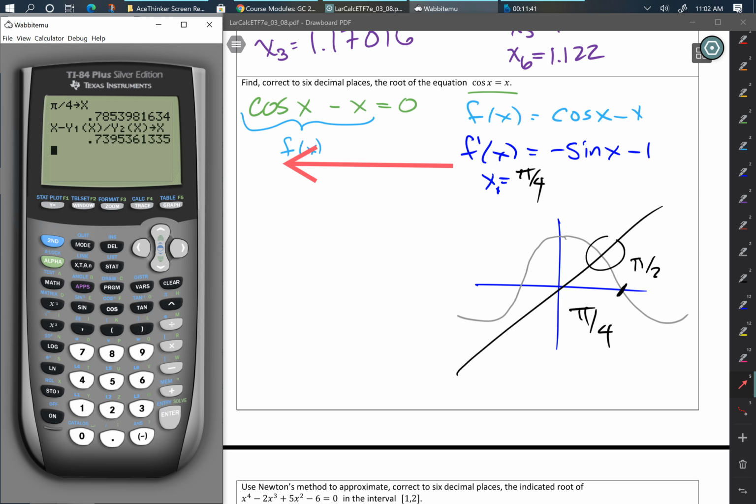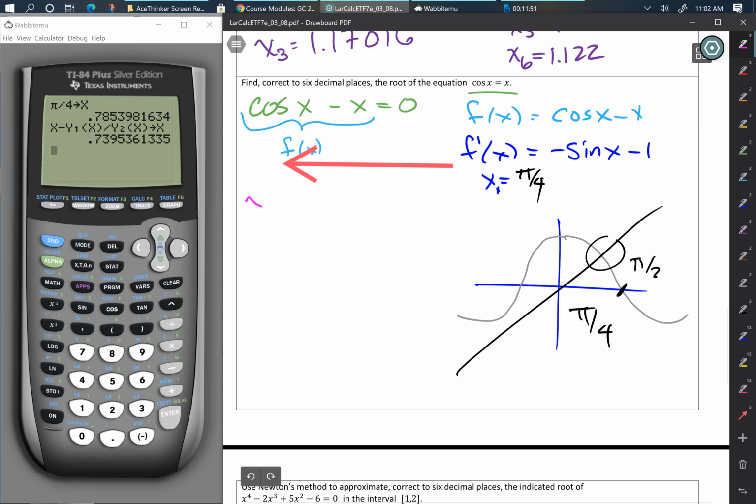Okay? And so I get that x, whoa, I got the arrow thing going on over here. I don't want the arrow thing. I want a pen. And so I get that x sub 2 is 0.7, because that's all the accuracy we have. X sub 3 is 0.739, because that's all the accuracy we have now.